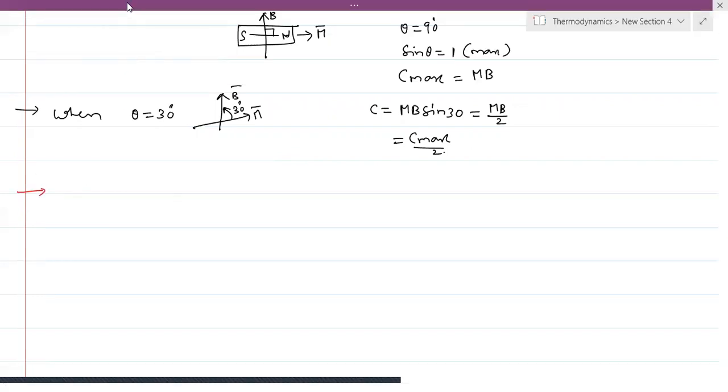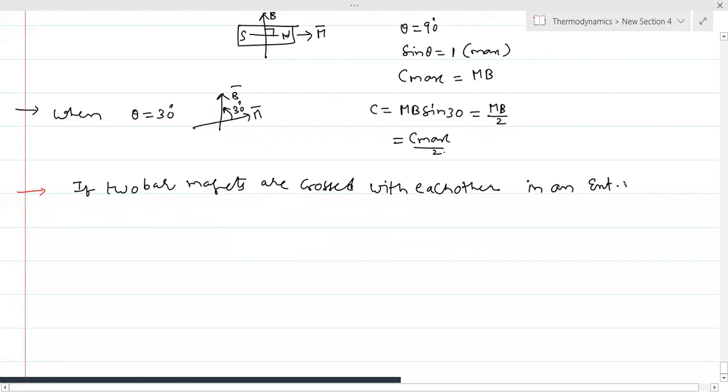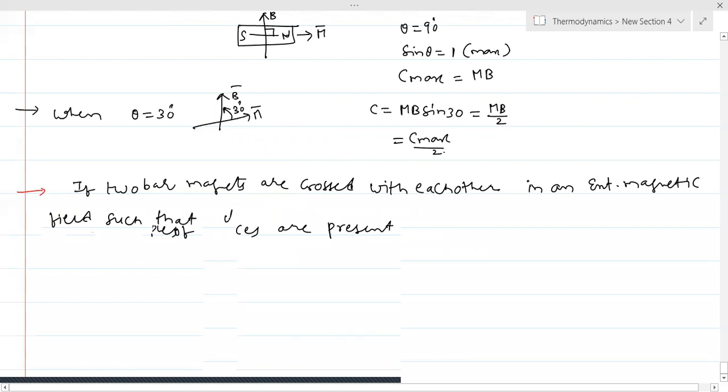Suppose two bar magnets are crossed with each other in an external magnetic field such that it is in equilibrium.